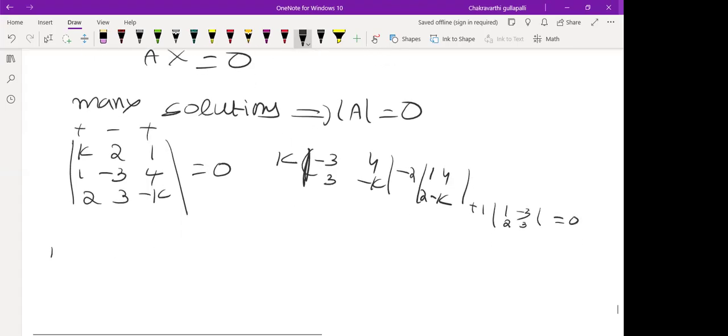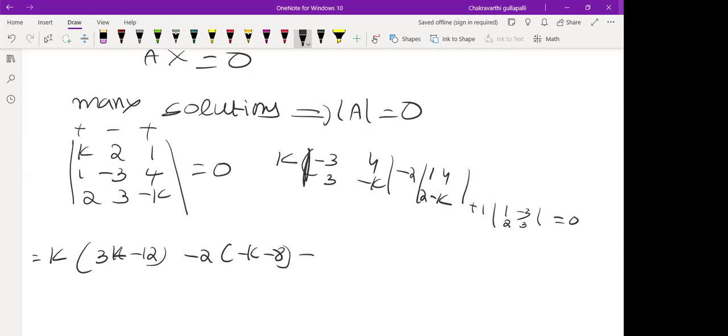So K into 3K minus 12, minus 2 into minus K minus 8, plus 1 into 3 plus 6 is equal to 0.